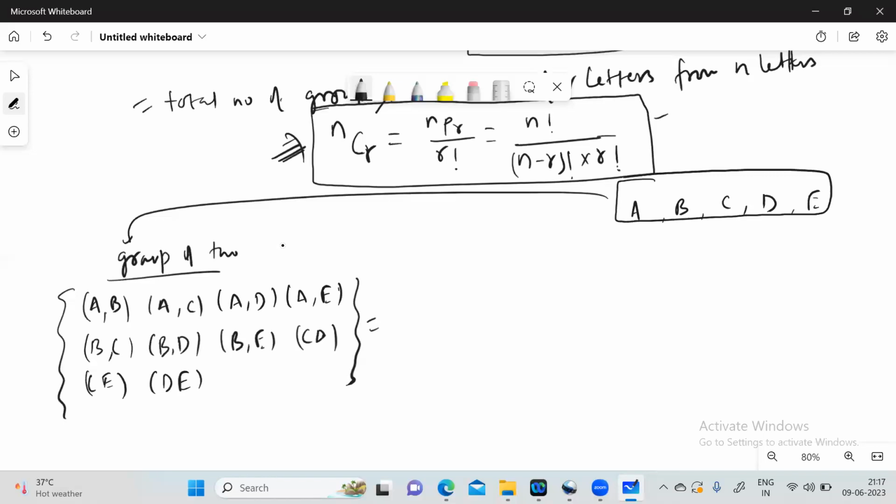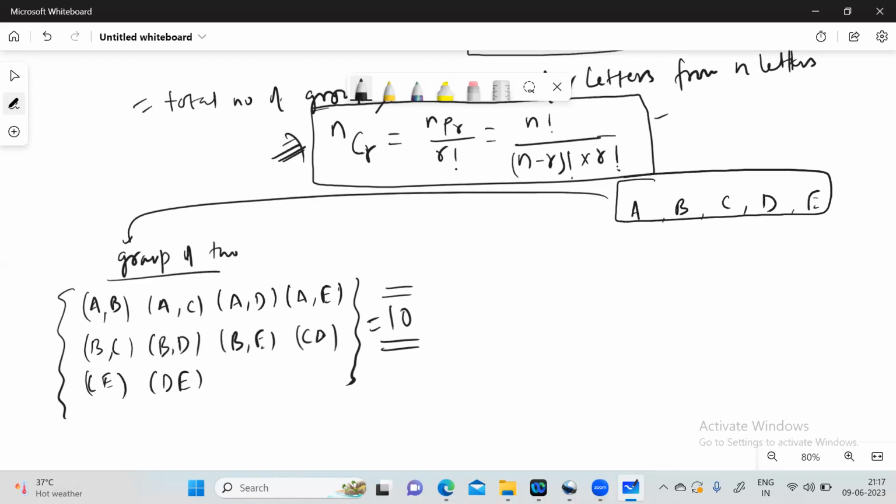And how many groups of 2 are there? 10. So these are 10.